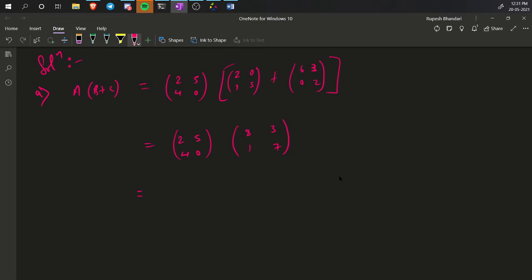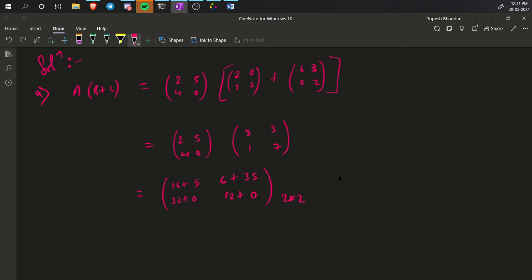After this, we can just simply multiply it. So 2 into 8 is 16 plus 5 into 1 is 5, 4 into 8 is 32 plus 0. And then after that, 2 into 3 is 6 plus 7 into 5 is 35. And below, 4 into 3 is 12 plus 0 into 7 is basically 0, right?